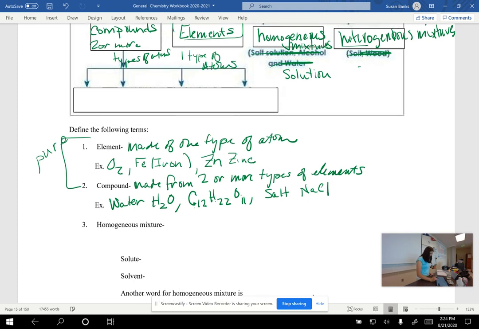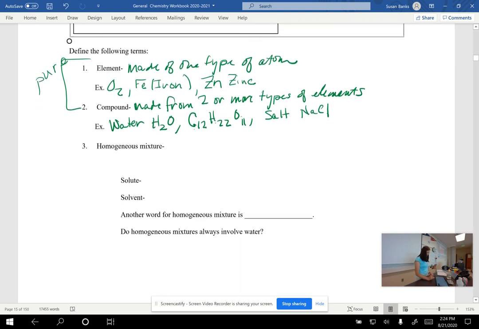Those are pure substances. We're going to get into mixtures here. A homogeneous mixture. Homo means same. So that means this mixture is uniform. It's uniform throughout. Another word for homogeneous is solution. So anything that we can put the label of solution to, you know that it's uniform or the same all throughout that mixture.